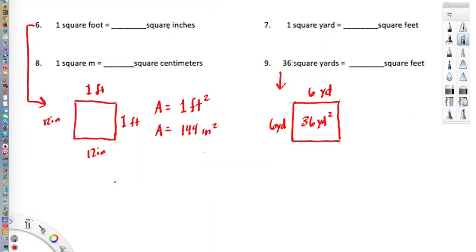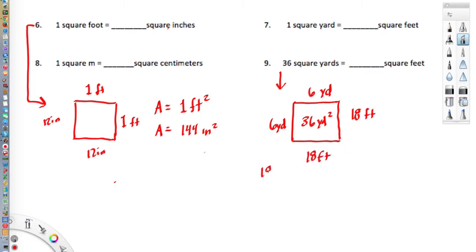So if I have 36 square yards, I could have dimensions of 6 yards by 6 yards, which I know that 1 yard would be 3 feet. So 6 yards would be 3 times that, 18 feet by 18 feet.